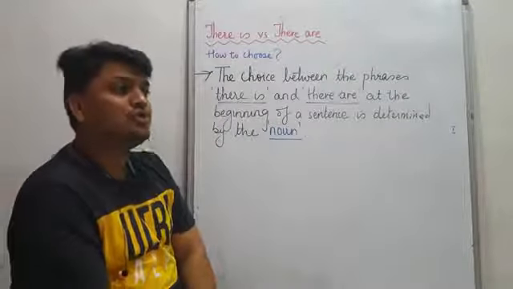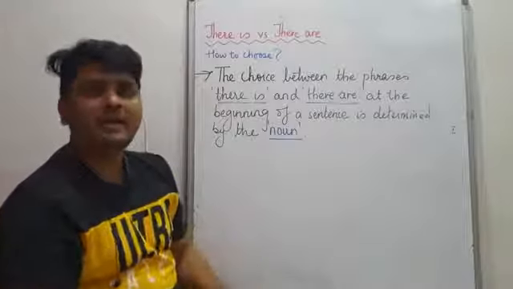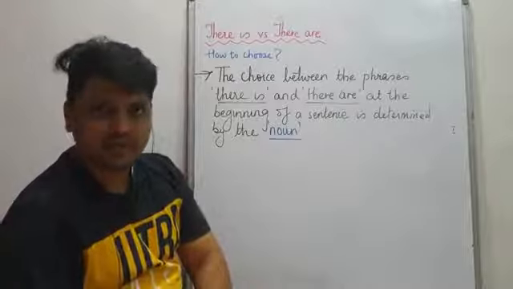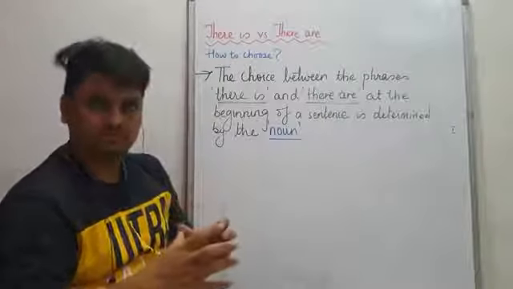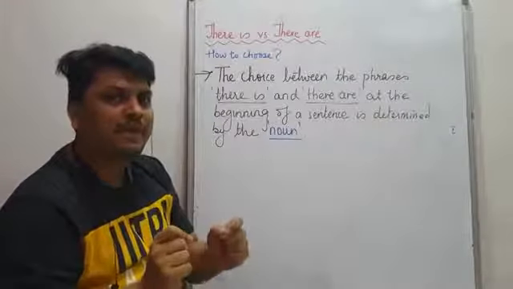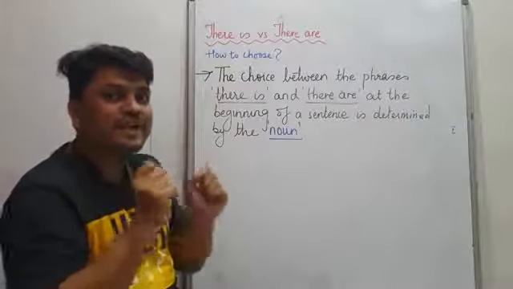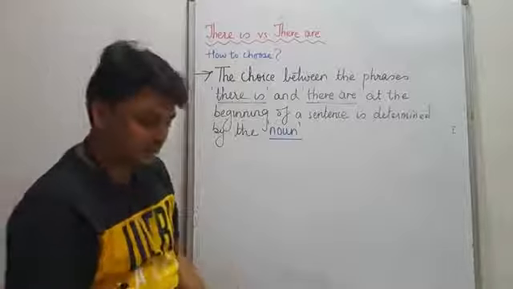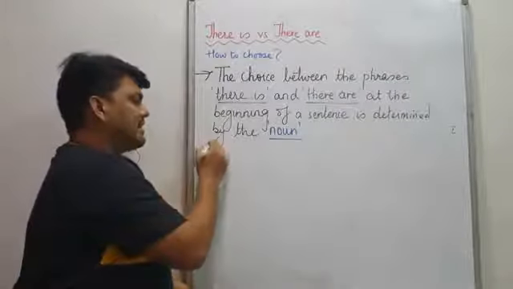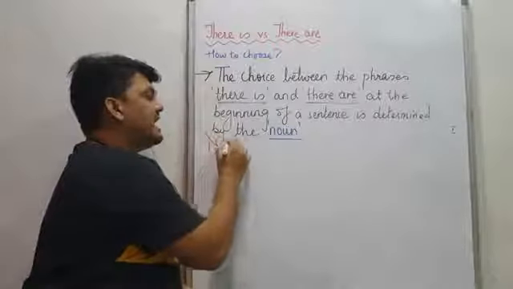But most students and most people make errors when they use there is and there are. So when you are talking about nouns and using there is and there are, you have to keep in mind when to use there is and when to use there are. Now students, let's start with the first one, there is.